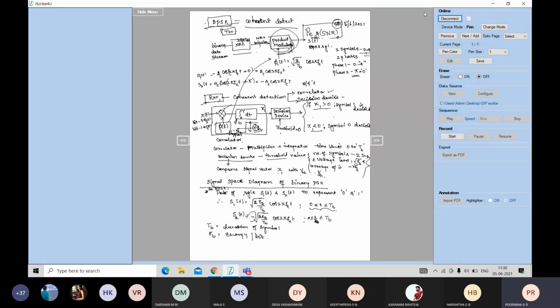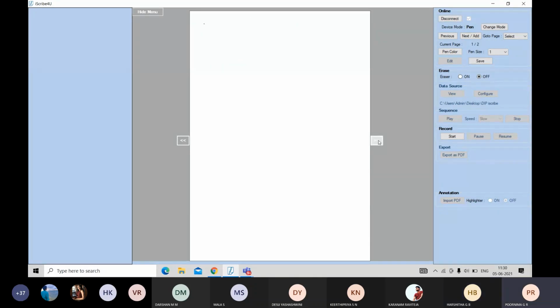The signal space diagram is a representation of the signal vectors with the basis functions.